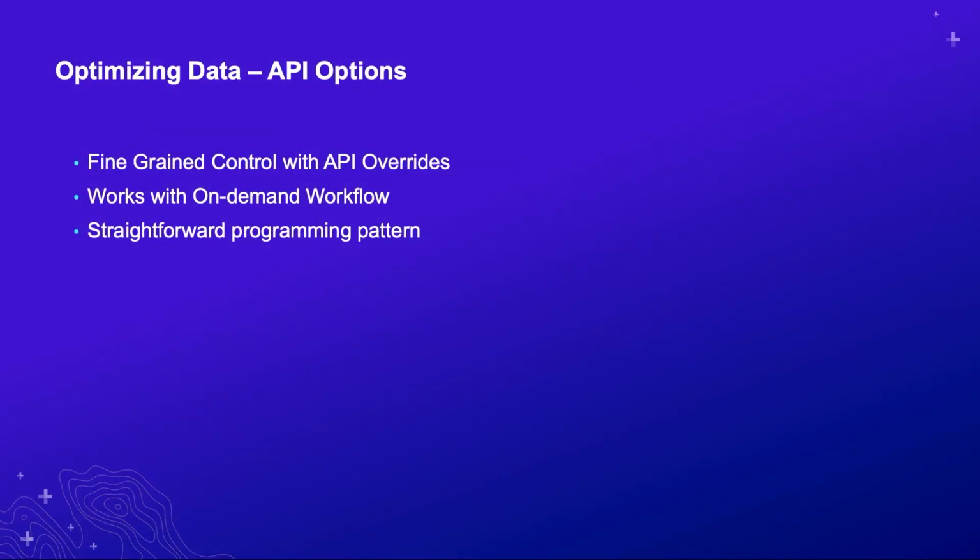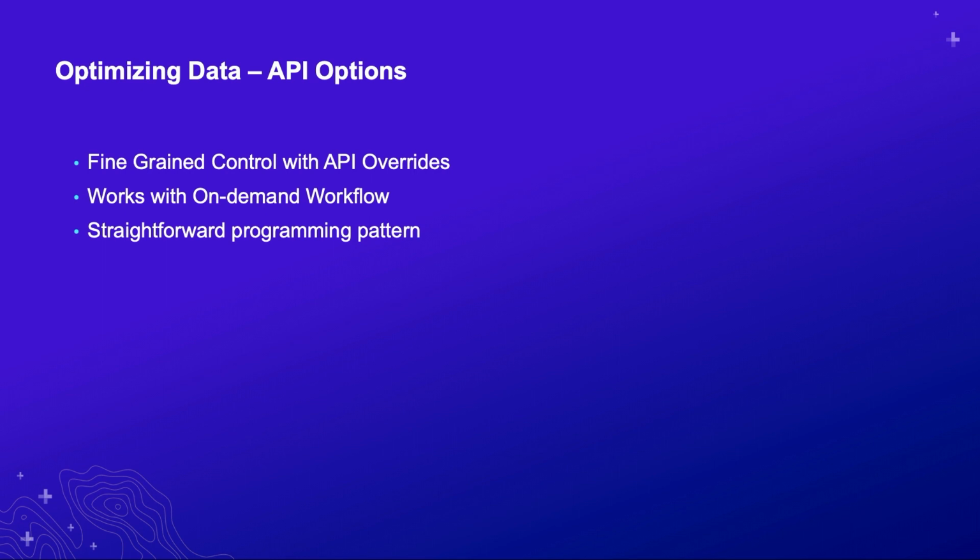Finally, when it comes to optimizing data, there's the API options. The API has a default set of options where it will do the right thing for many use cases, and that's why they're the defaults.